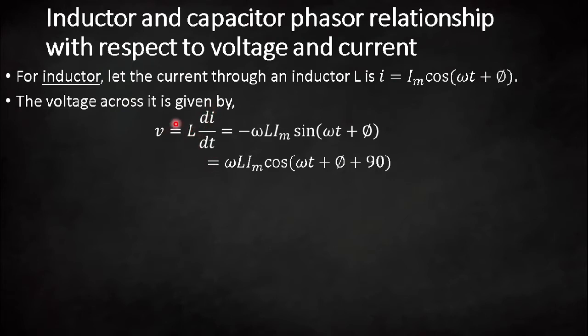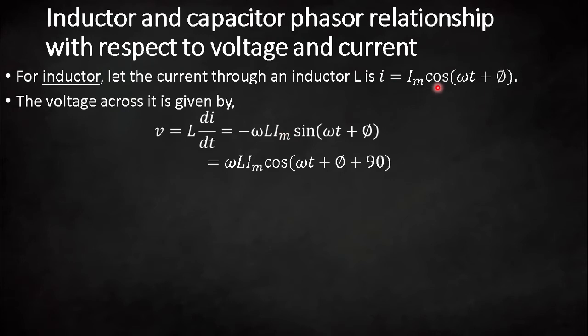If you remove the proportionality constant, then v = L di/dt. Now put the value of i from the first equation, Im cos(omega t plus phi). Im is constant, so you have to take the derivative of the cosine term.